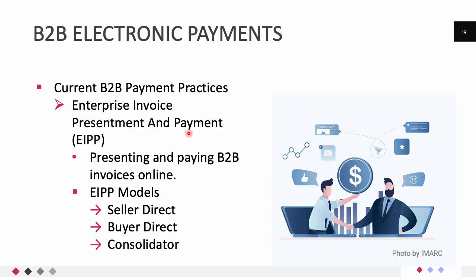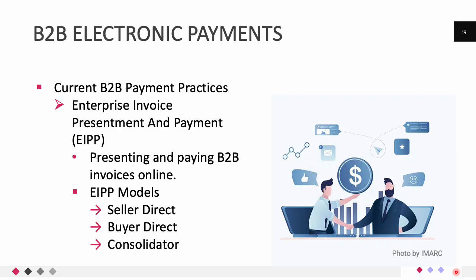It's basically a fancy way of saying presenting and paying business invoices online. So instead of companies mailing paper invoices back and forth and writing physical checks like they used to do, everything now happens digitally through secure online platforms.